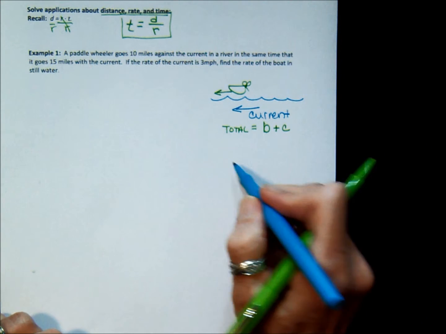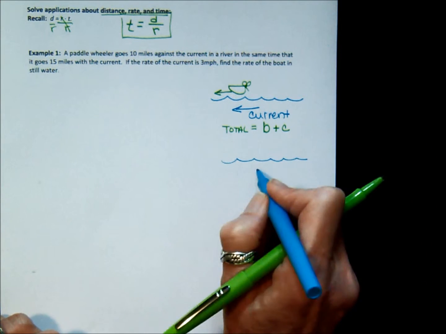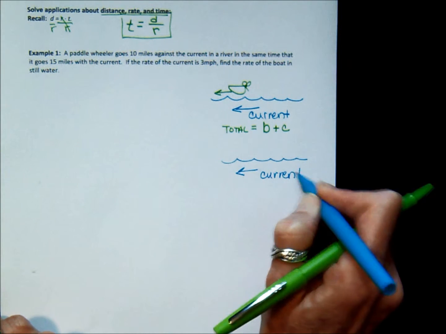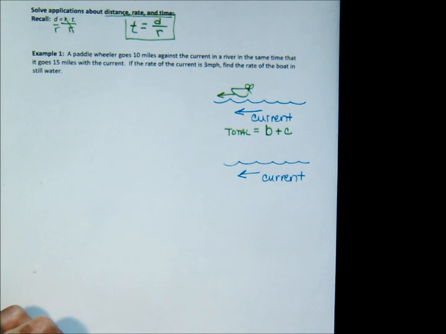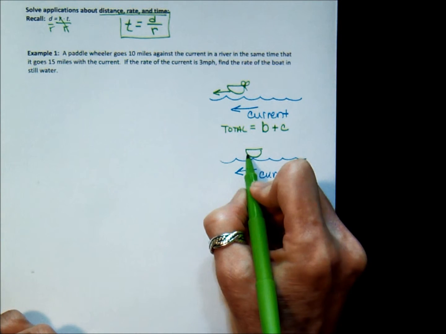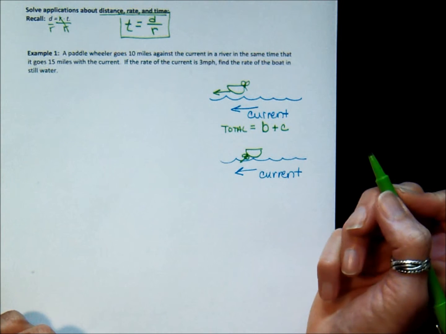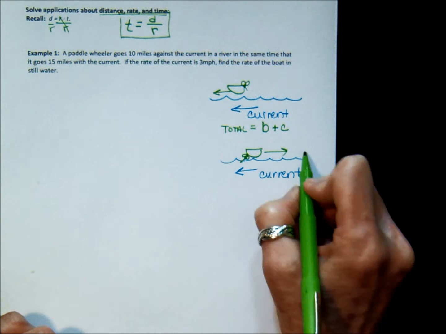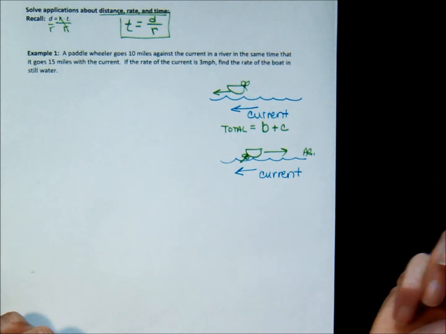Now let's do another scenario. Here's the river. Just know that my artwork is not going to be getting any better than it was a second ago. The current is still going that direction. Now you're in your boat. Let's try to put the engine below the water. But this time your boat is traveling this direction, so it's going against the current.